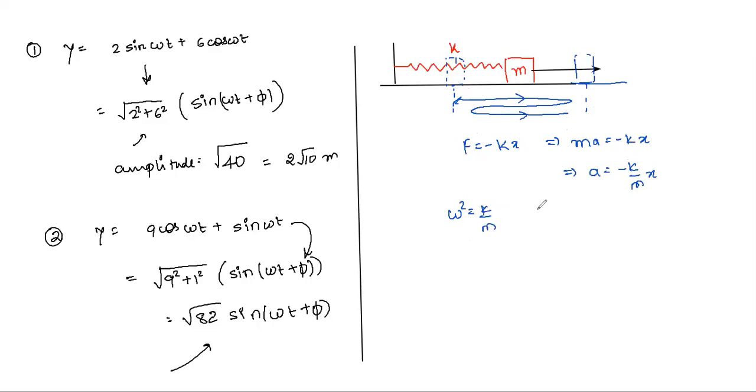This implies omega is equal to under root of k by m. Therefore, 2 pi by T is equal to under root k by m, and therefore T is equal to 2 pi under root of m by k.